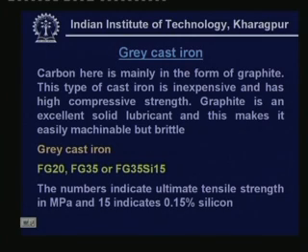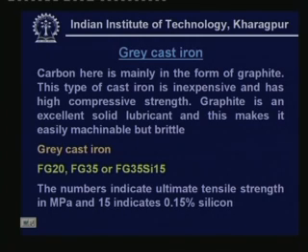Graphite is also present and is an excellent solid lubricant, and this makes grey cast iron easily machinable but brittle. Now, in general the cast irons are brittle, but of course not in all cases, as we will see.